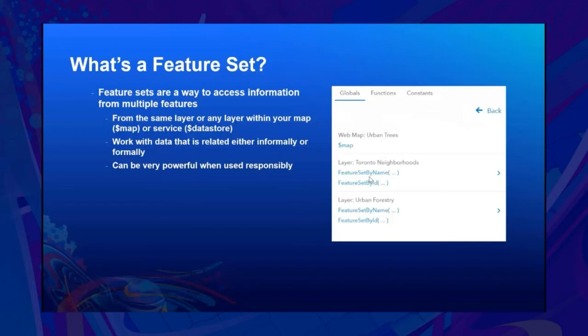So you really need to use them sparingly so that you get the most efficiency out of them. If you just pepper your pop-up with feature set based expressions and your data is of any substantial size, you're going to slowly hit performance issues where the pop-up isn't responsive while it waits, and it's not going to be a great experience. So just try and use them strategically, and I will talk a little bit more later about things you can do to make them faster.